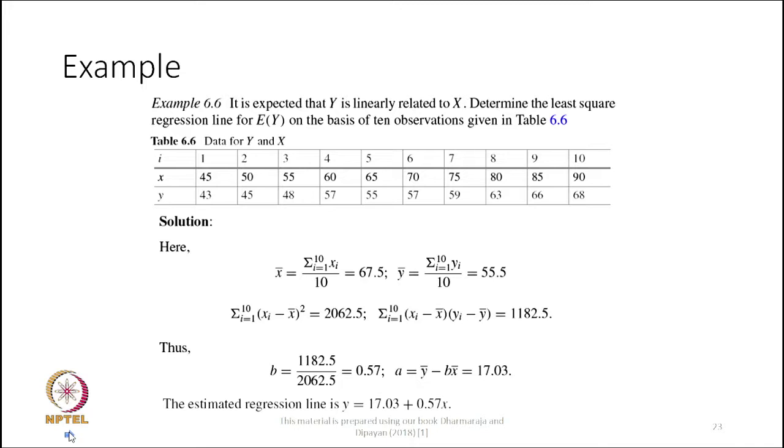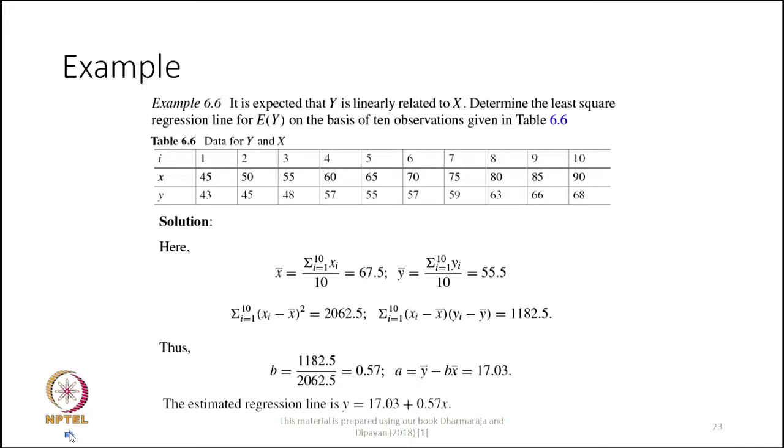We have data for x and y with size n equal to 10. It is expected that y is linearly related to x. Determine the least squares regression line for the expectation of y on the basis of 10 observations.